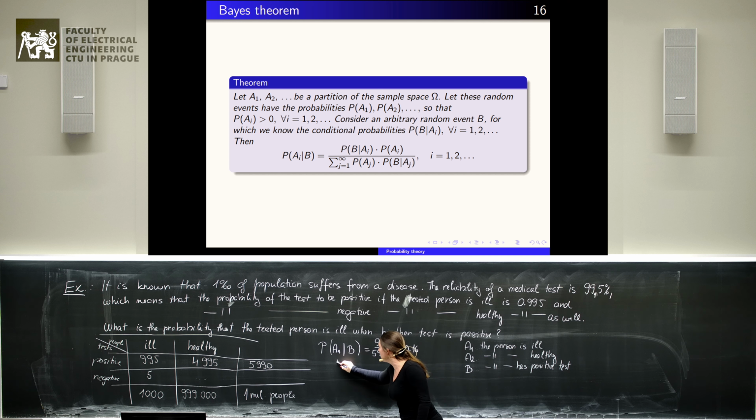And the Bayes theorem says that this probability can be calculated as the probability of B conditionally on A1 times the probability of A1 over the sum of the probability of B conditionally on A1 times the probability of A1 plus the probability of B conditionally on A2 times the probability of A2.